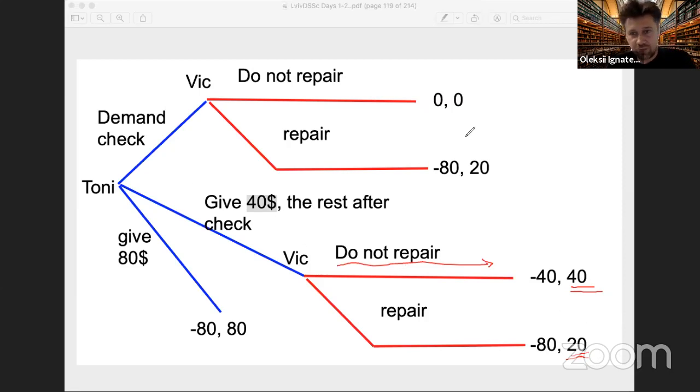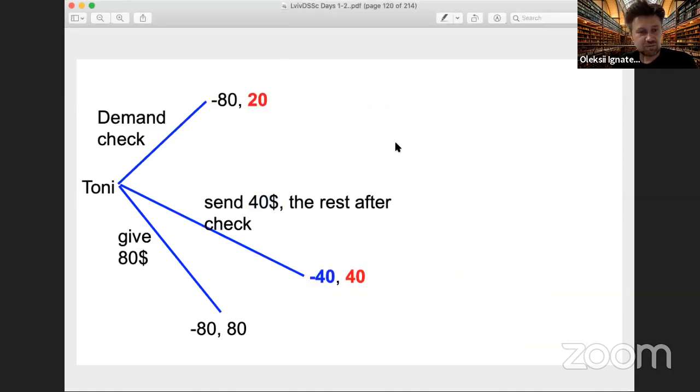So in this situation now, the equilibrium is changing, and now it's better for Tony because losing 40 is better than losing 80. So this is an example of how we can change the game by proposing intermediate moves.